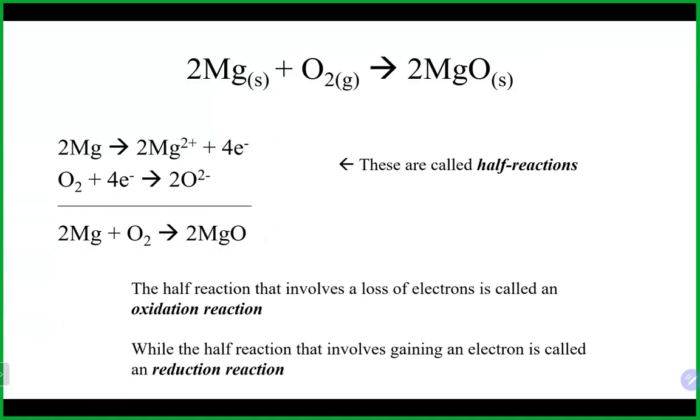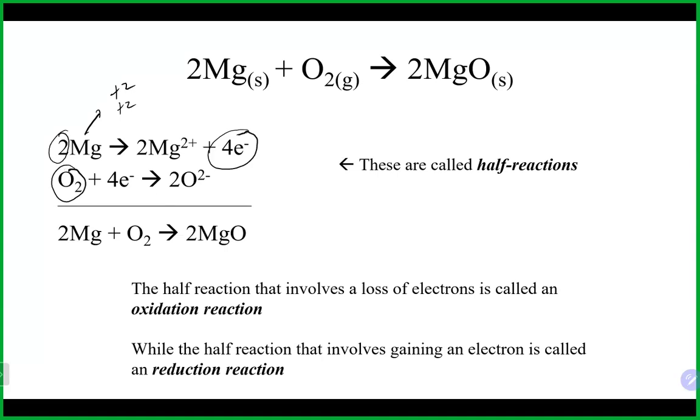Now, you may be asking, why are there 4 electrons here? And that is because each magnesium will lose 2 electrons, and there are 2 magnesiums. So that's a grand total of 4 electrons lost by the magnesium. And there are 2 oxygens here. Each oxygen will gain 2 electrons. So that is 4 electrons.